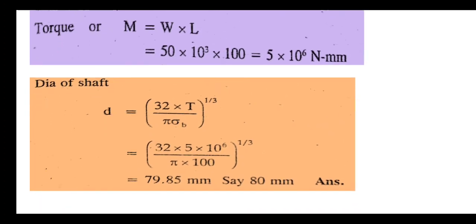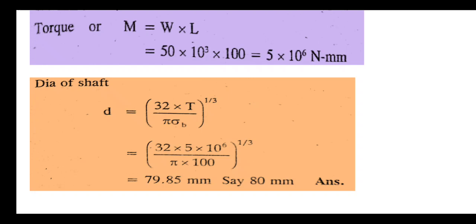Then use the diameter of the shaft formula, whatever you used in the previous problem, that same formula is to be used for this problem. That is 32 into T divided by pi into sigma, raised to 1 by 3.